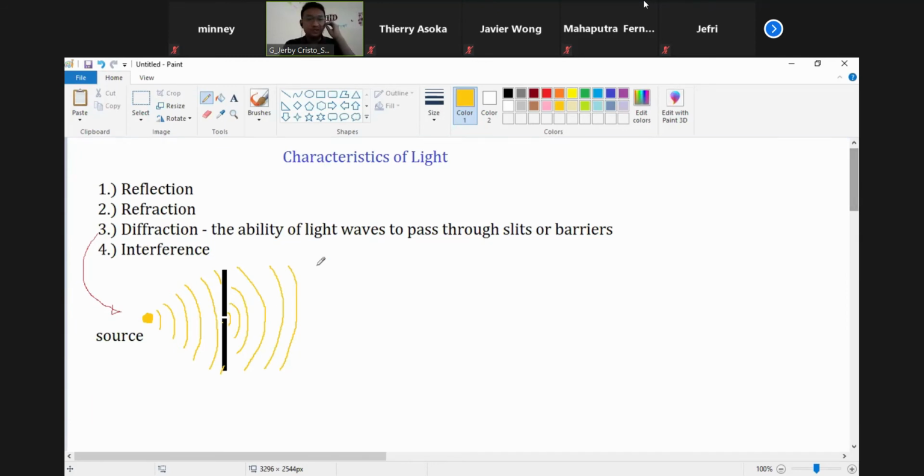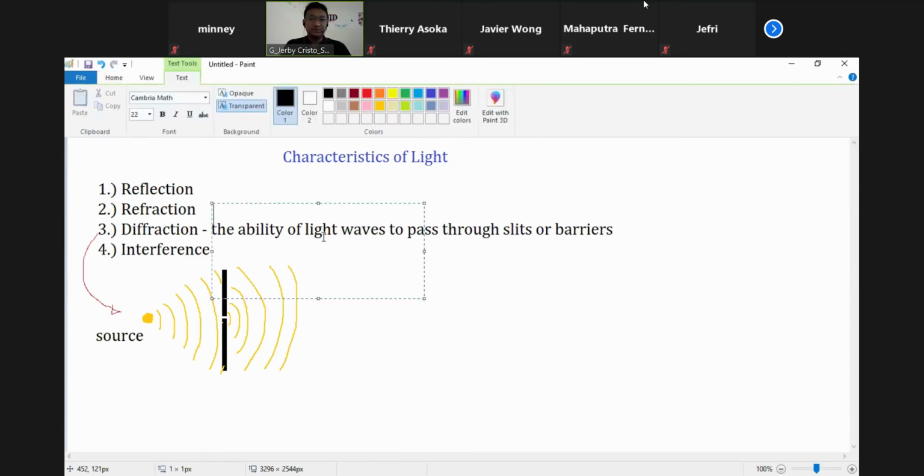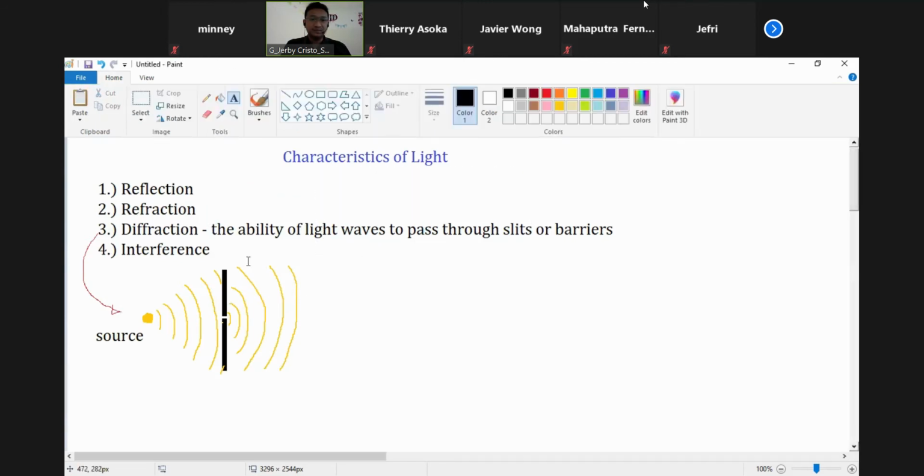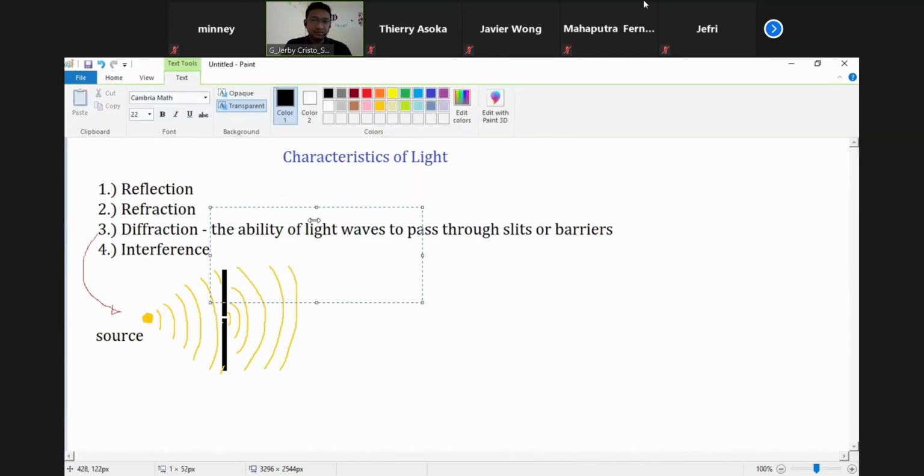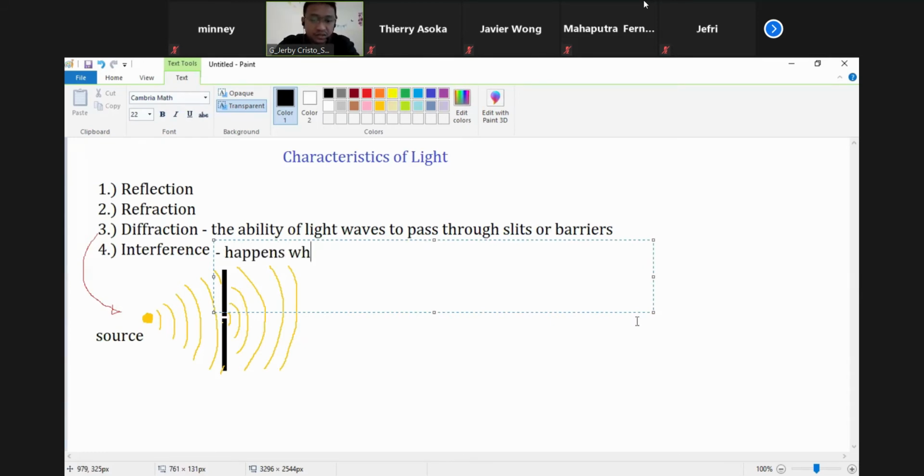All right, now how about interference? When we say interference, it happens when two or more waves overlap each other.